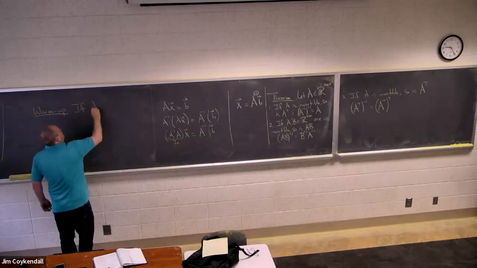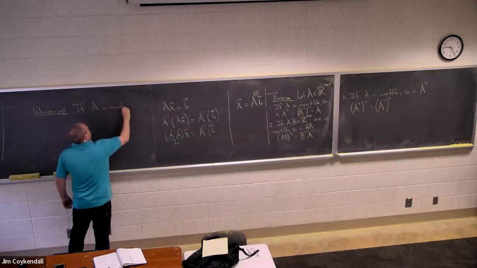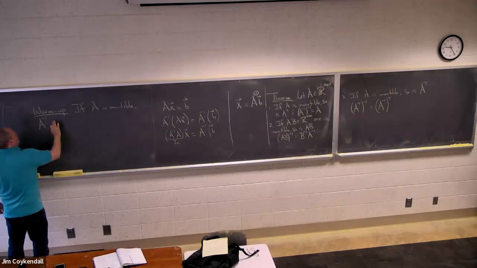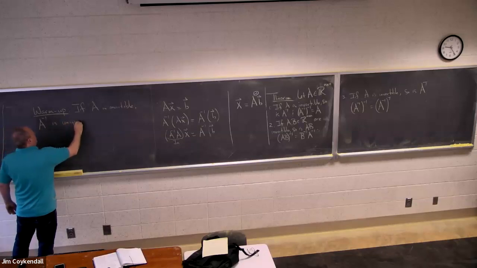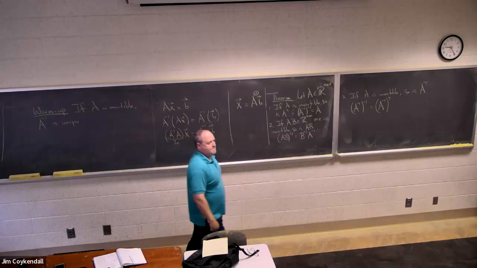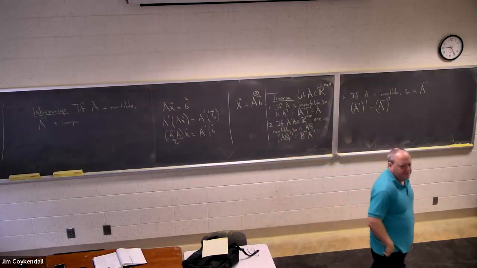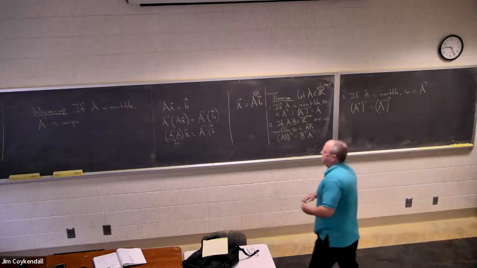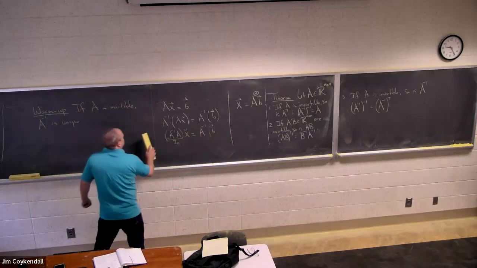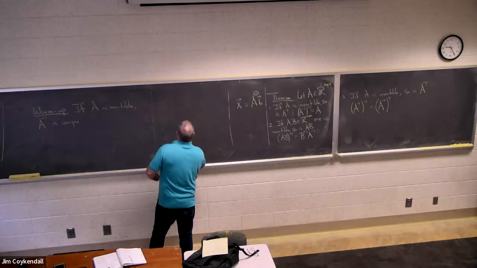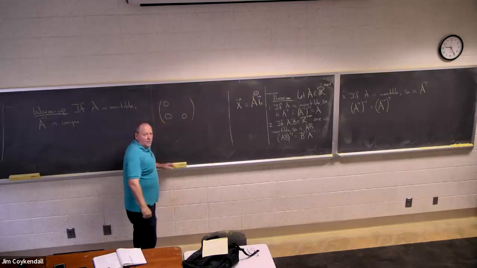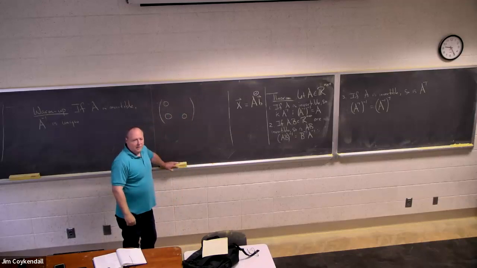If A is invertible, A inverse is unique. What do I mean by that? It has one solution, right? This might surprise you because I'm calling people out on matrices.